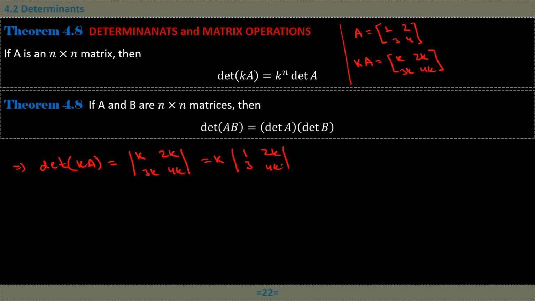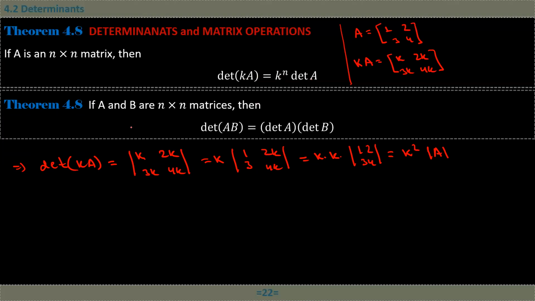The second column also has a common factor k, so I can take it out too. That gives k times k, and here we have 1, 2, 3, 4, which is just the determinant of A. So we have k squared times the determinant of A. Since here we are talking about n by n, I can take k out of each of the n columns. That's why we have k to the power n times the determinant of A.